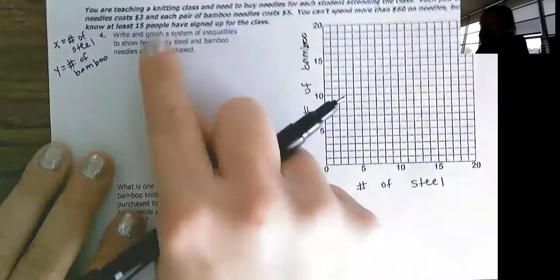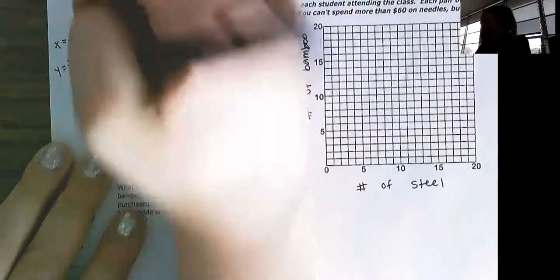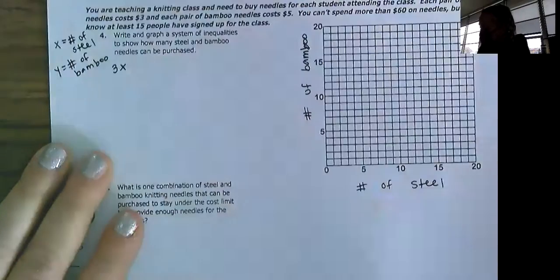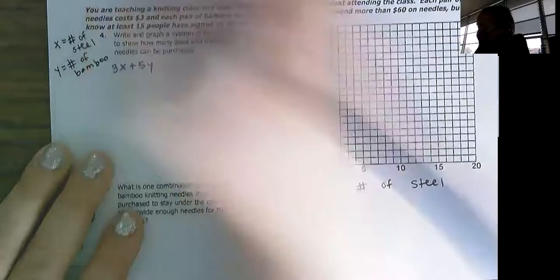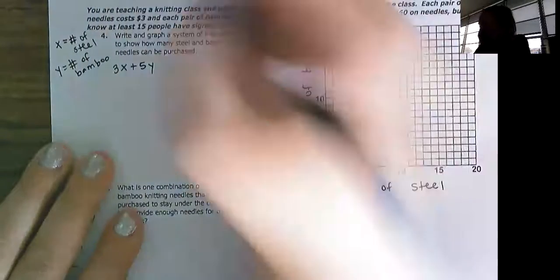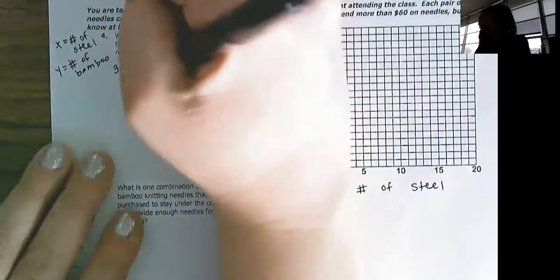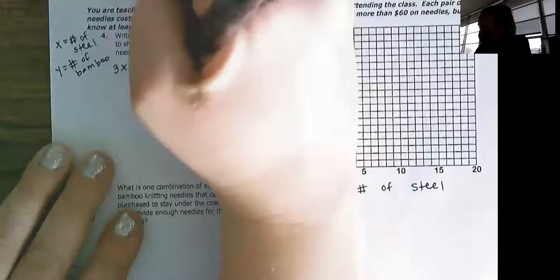Okay, so now let's write our inequalities. When we're talking about the money here, a steel needle costs $3, so I'm going to say 3x. A bamboo needle costs $5, so plus 5y. And you can't spend more than $60, so you want to stay less than or equal to 60.